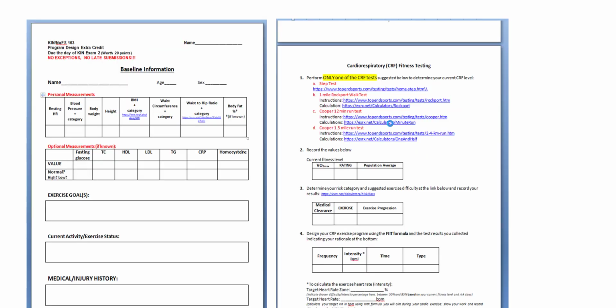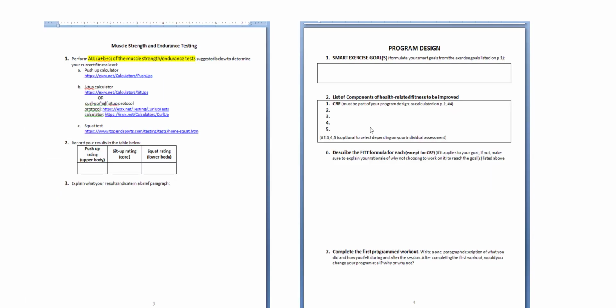We already did that on this page. So the other ones are 2, muscle strength, 3, muscle endurance, 4, flexibility, and 5, body composition. You just pick and choose which one you need to be addressing with the SMART goal, and then describe the FIT formula for each.